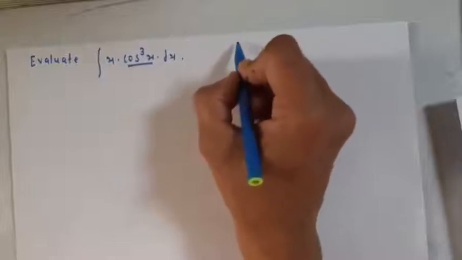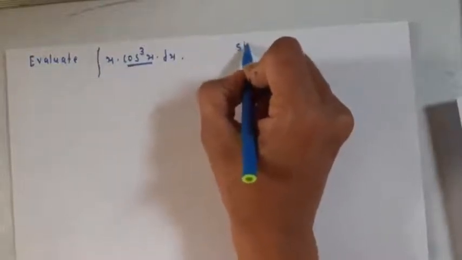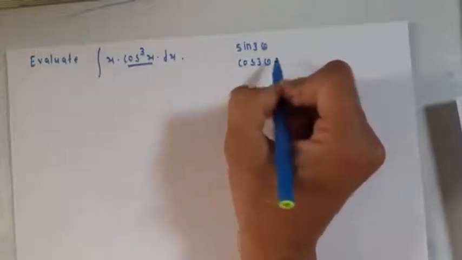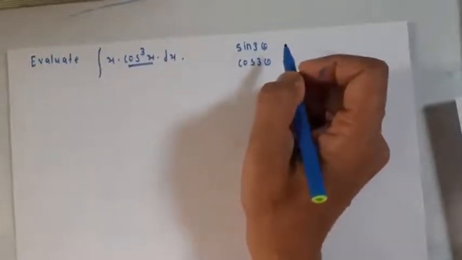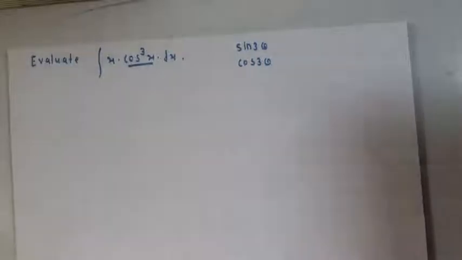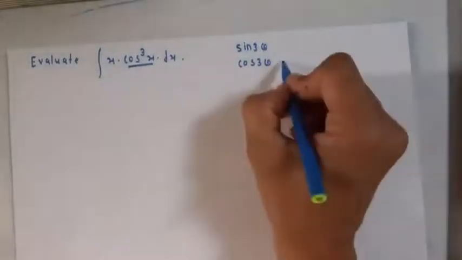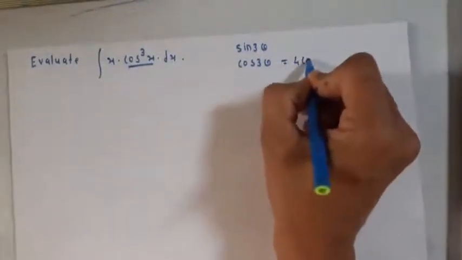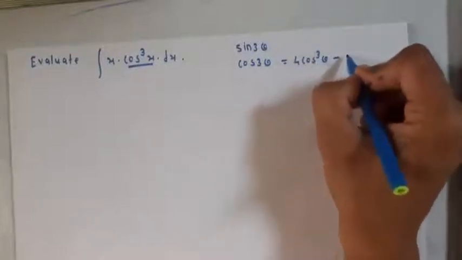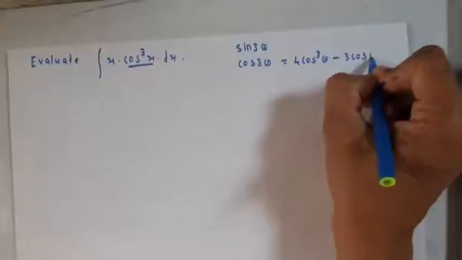We know the formula for sine of 3 theta and the formula for cos of 3 theta. The formula for cos 3 theta is 4 cos cube theta minus 3 cos theta.